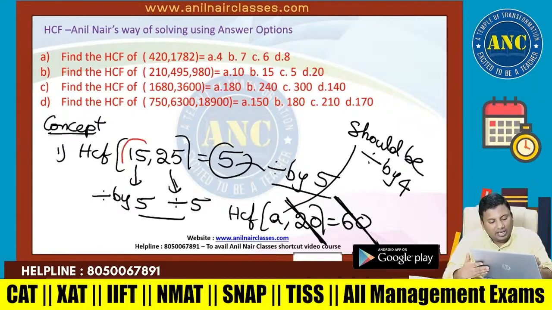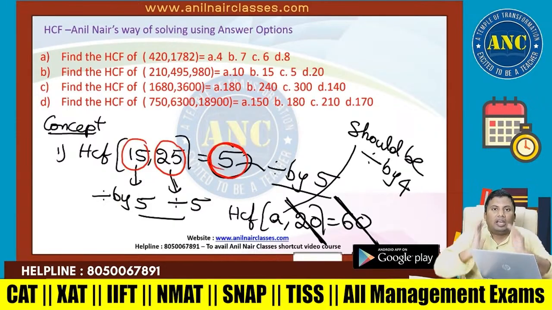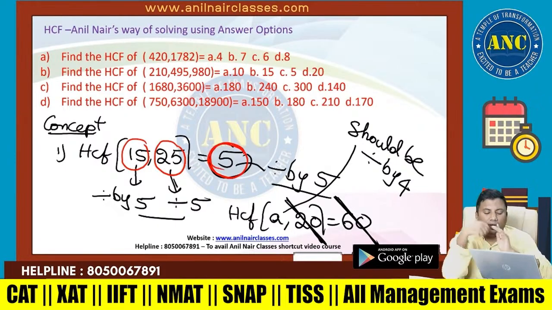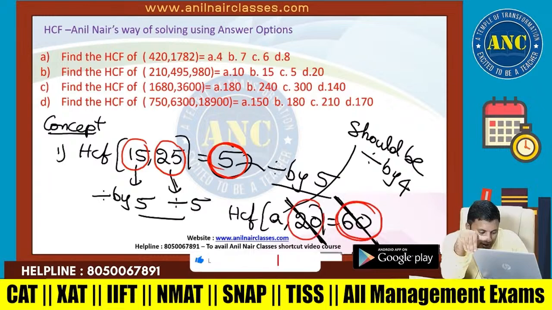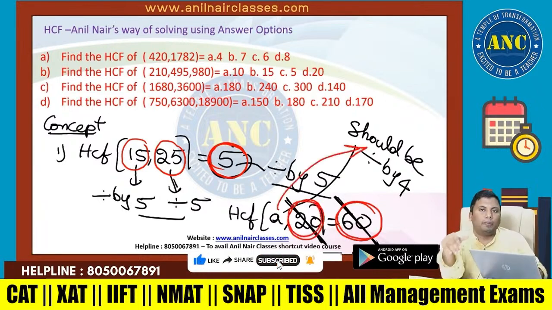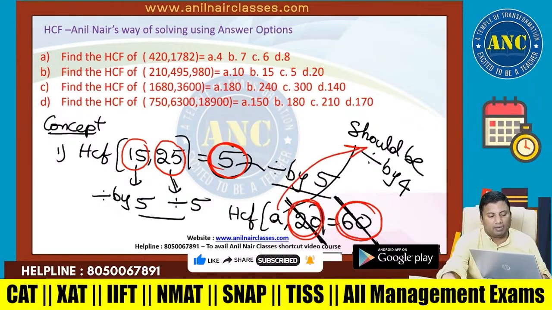This is divisible by 5, this is divisible by 5, so the answer should be divisible by 5. If two given inputs are divisible by some number, the answer should also be divisible by that number. Or if the answer is divisible by some number and one number is divisible by it, the other number should also be divisible by the same number. I hope this concept is clear.